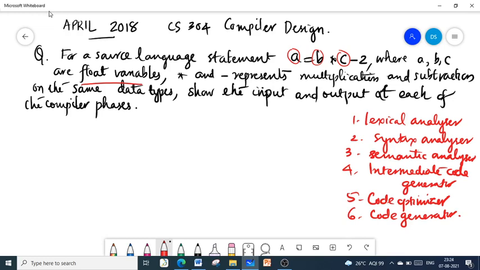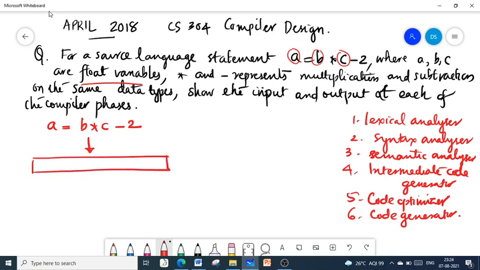So first the source language is given as a equals b star c minus 2. That is given as the input to the lexical analyzer. So this is the lexical analyzer. As we all know, it is the process of tokenization which is carried out during lexical analysis. That means tokens will be generated from here.